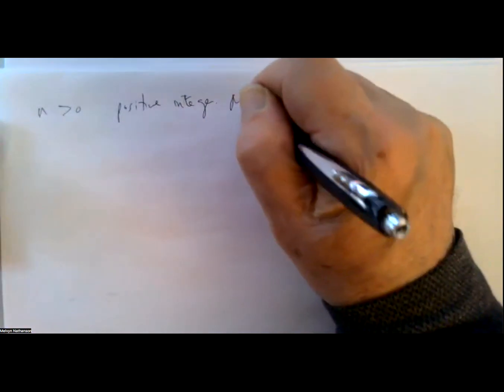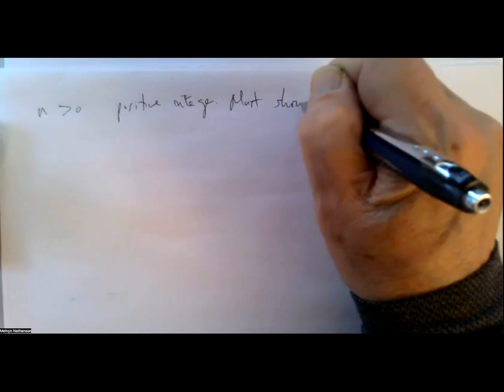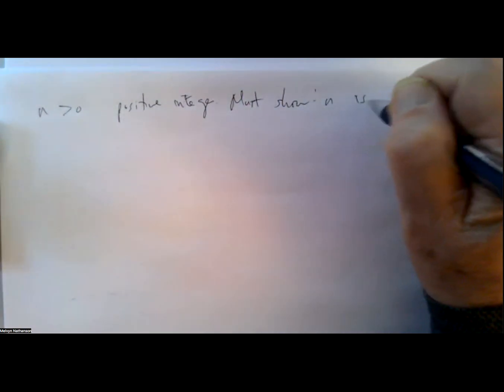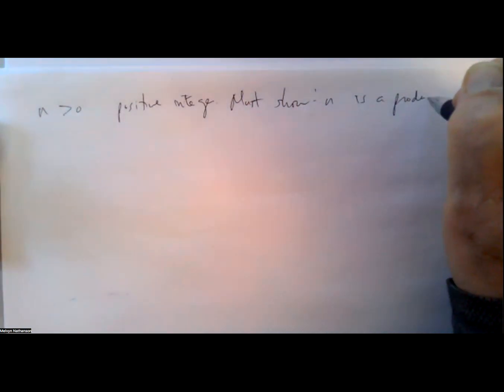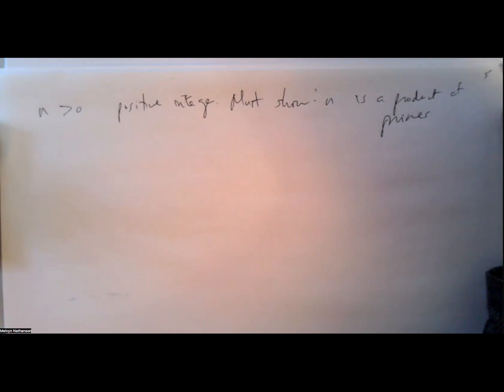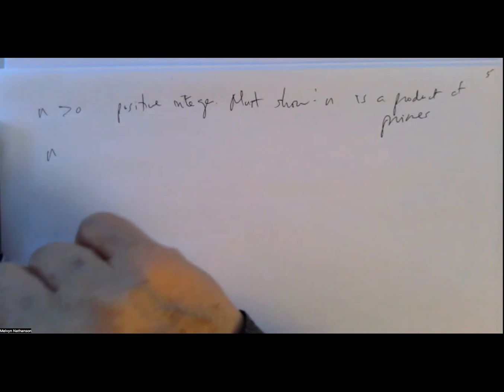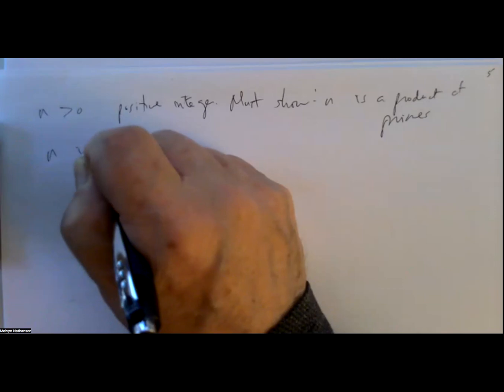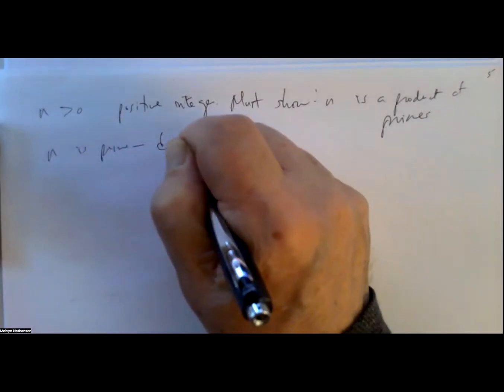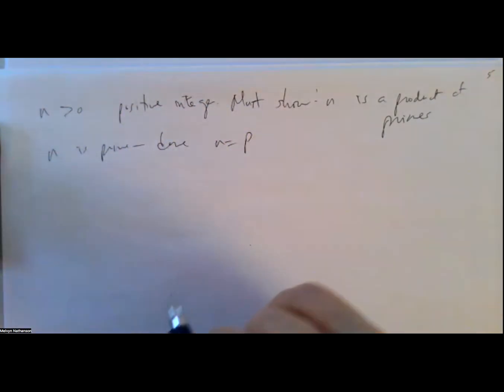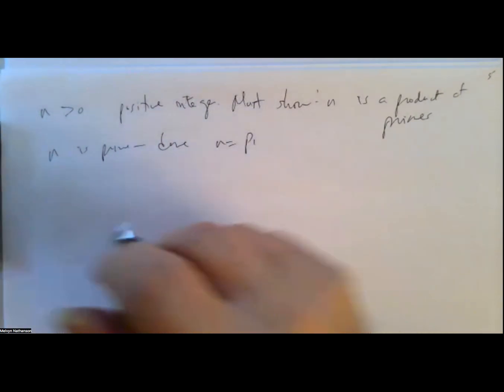I want to show n is a product of primes. So if n is prime, we're done. n equals p. It's a product of one prime.